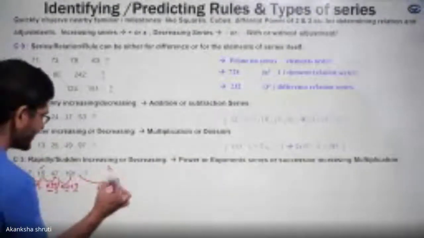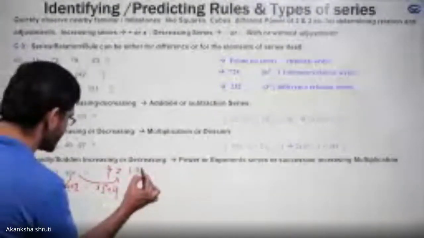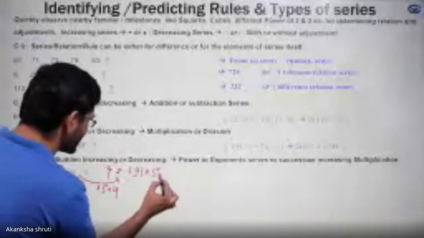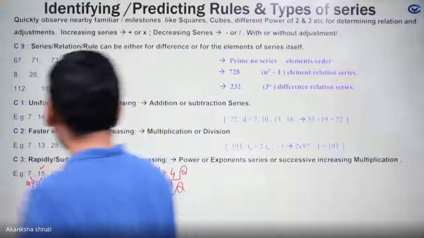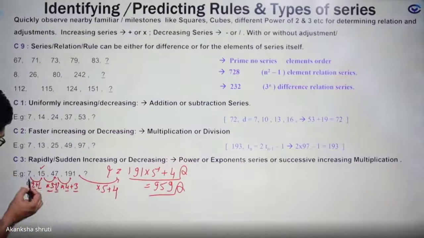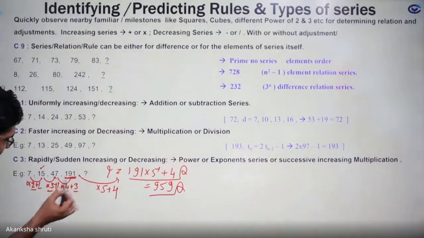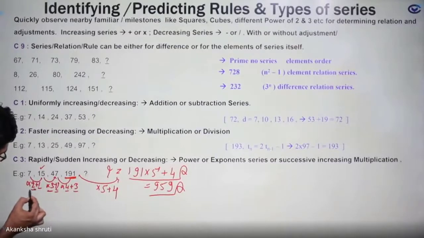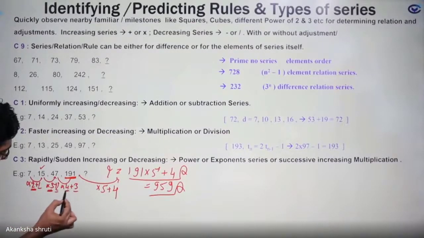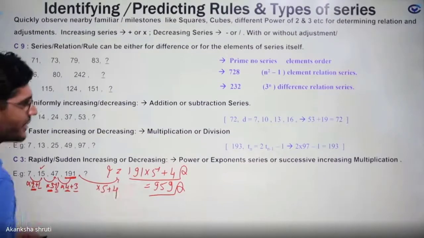So what will be 191 multiplied by 5 plus 4? So students, here we are observing that the variation is very, very fast. Then it is the multiplication series with increasing multiplication factor. This way we have obtained this.